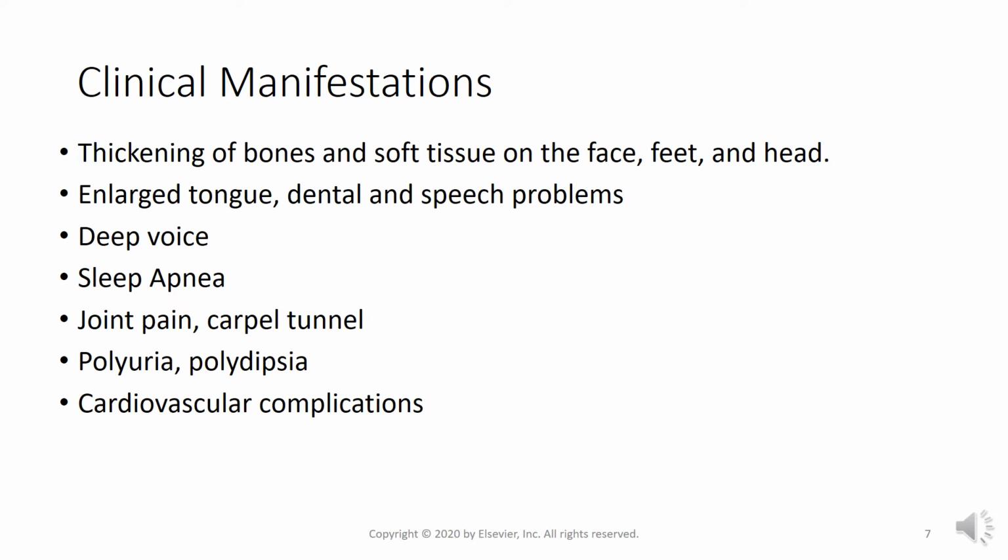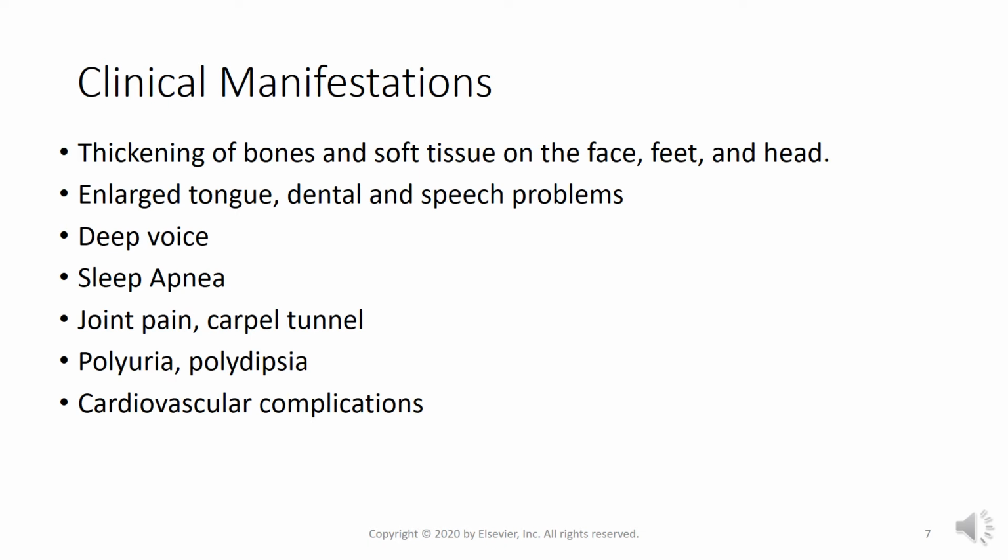You may notice speech problems, deepening of the voice due to the overgrowth of the tissue and the vocal cords, and sleep apnea. Clients may have chronic pain in their joints.